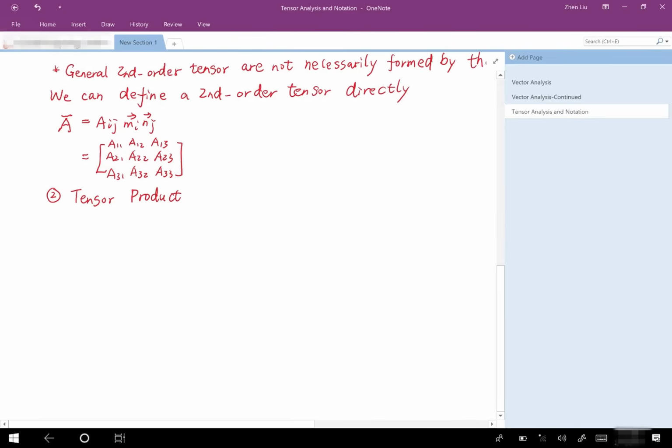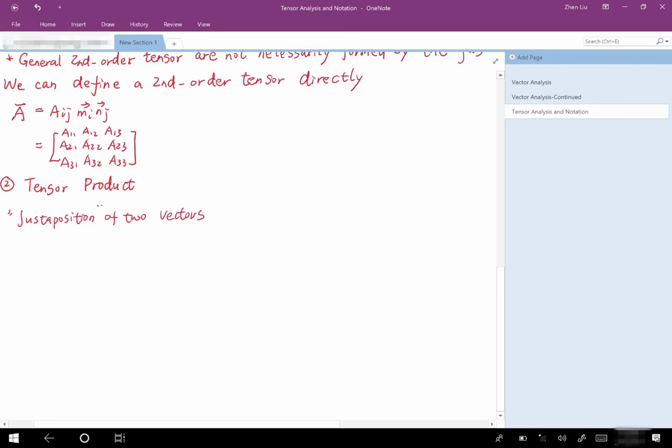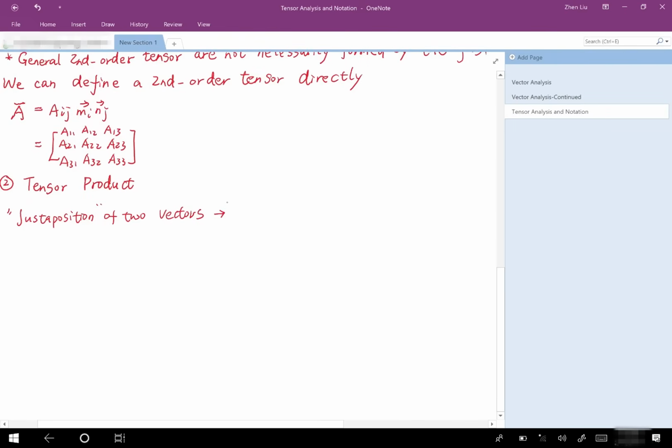That is juxtaposition of two vectors. So if you want to get a very simple understanding of it, just think about it: just put two vectors together. If you do that, this is one type of tensor product. It's called a dyadic product.